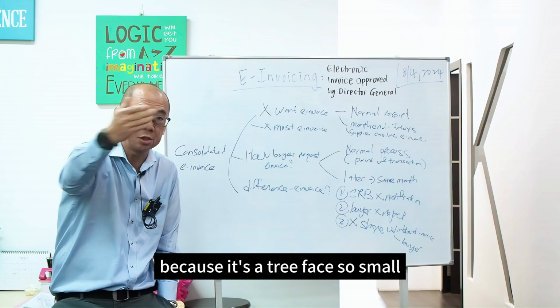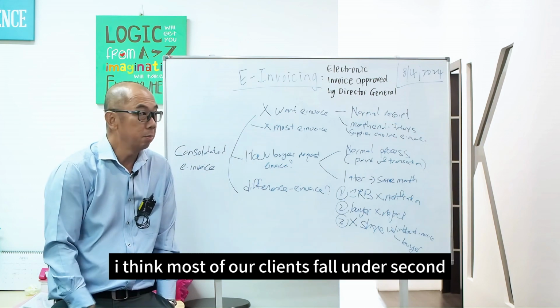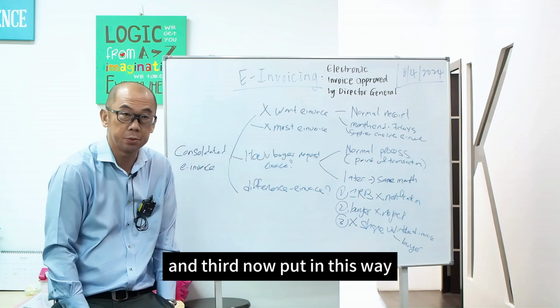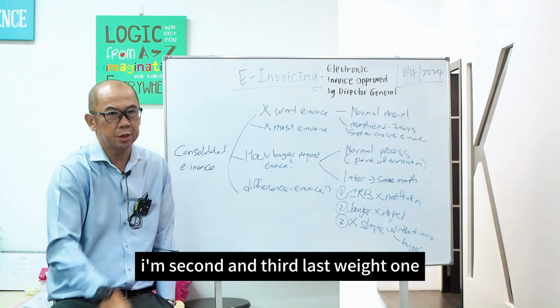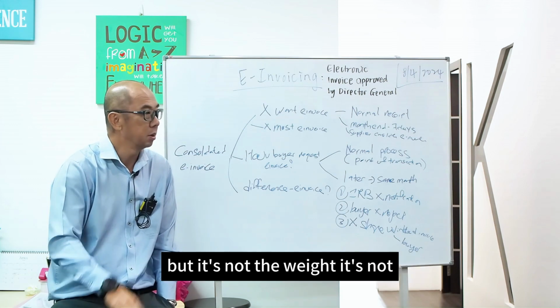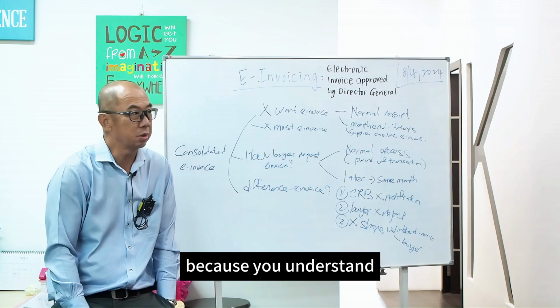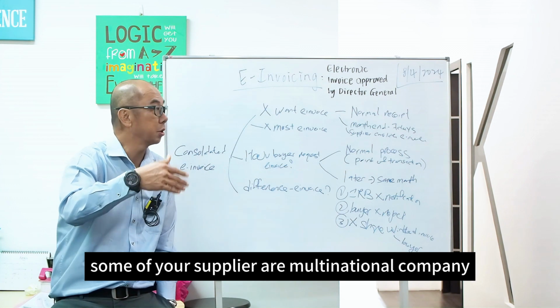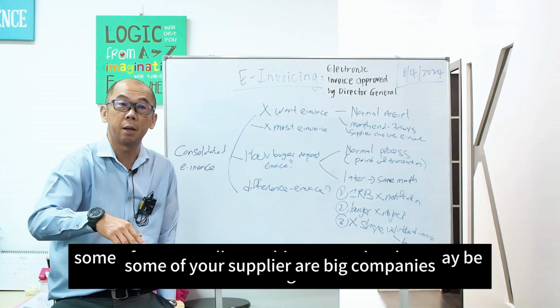It's of 3 phases. I think most of our clients fall under the 2nd and 3rd phases. Put it this way, you may say, "Hey, I'm 2nd and 3rd, let's wait," but that's not the way. Some of your suppliers are multinational companies or big companies.